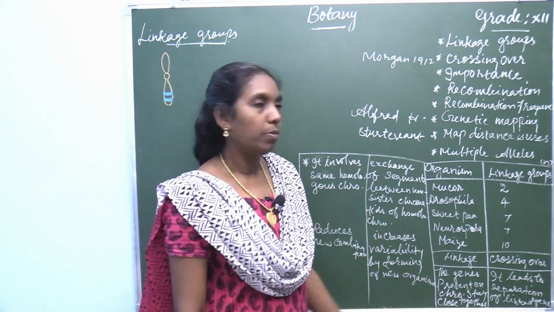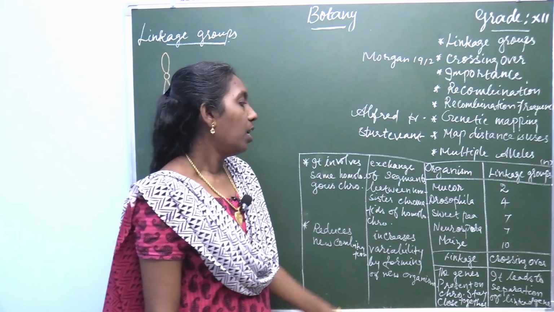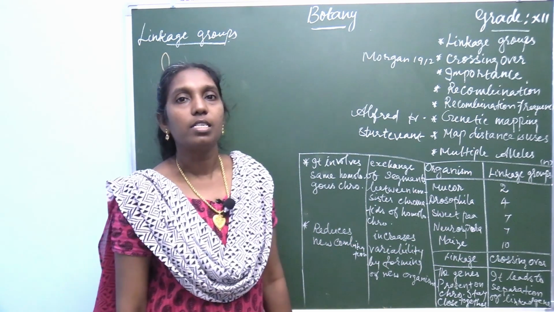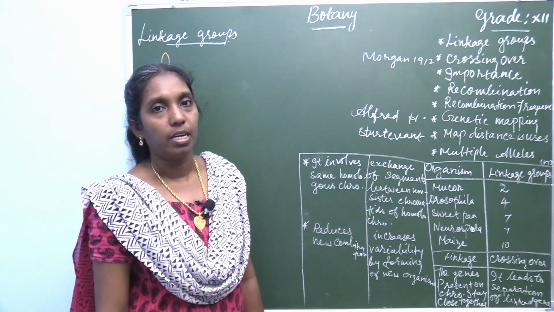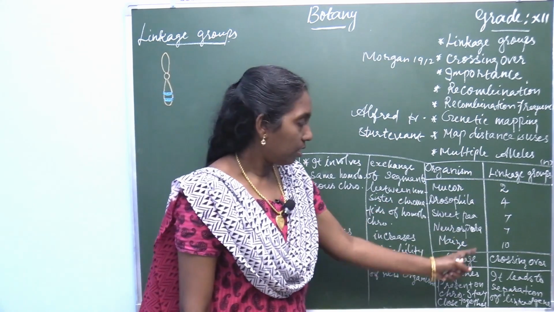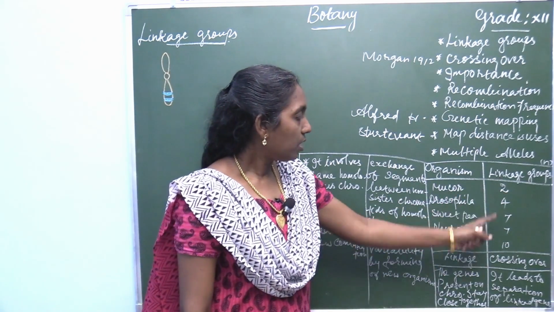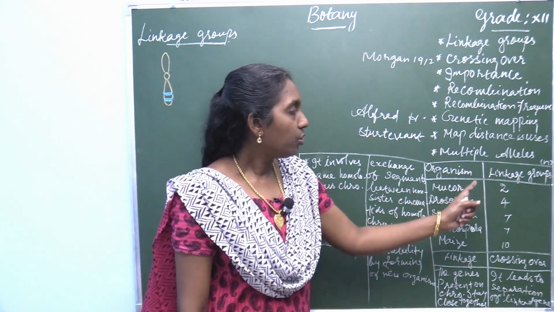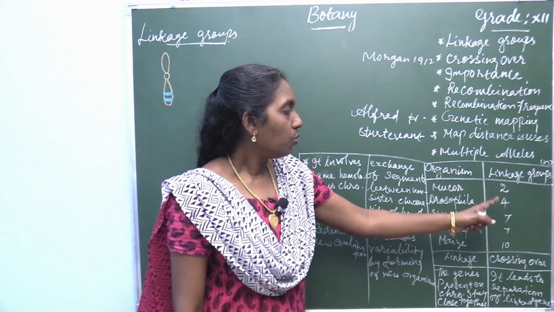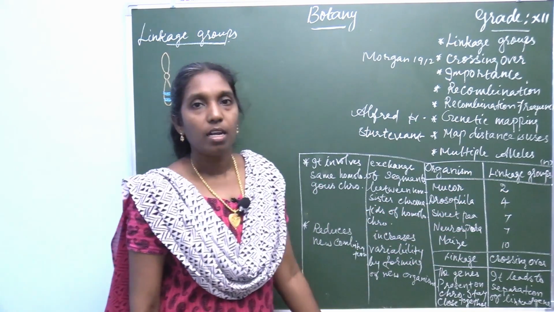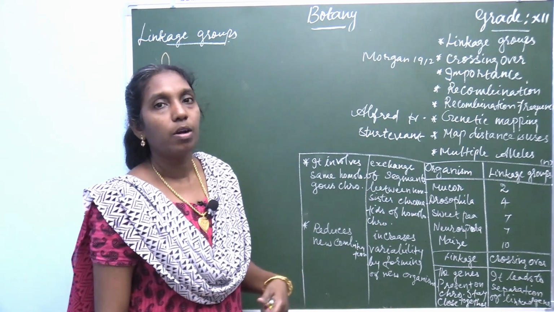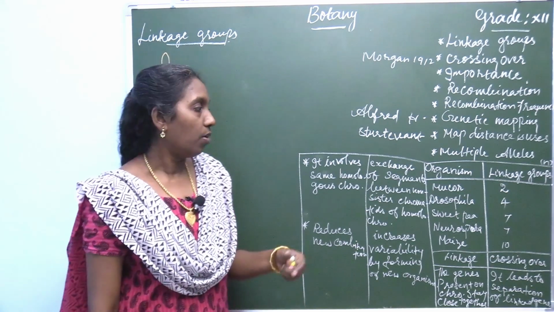Neurospora is also 7, and maize is 10. So in these organisms, the linkage groups 2, 4, 7 and 10 correspond to the haploid set of chromosomes.